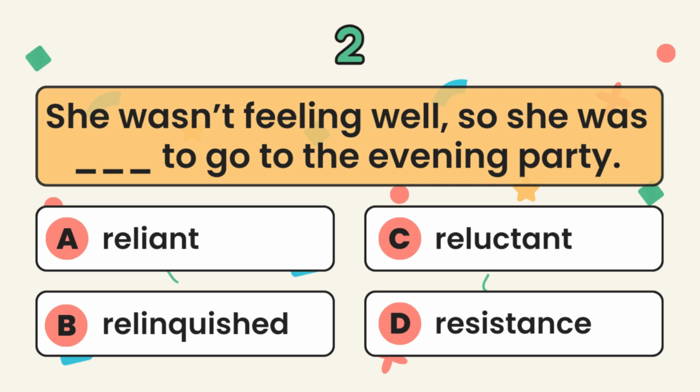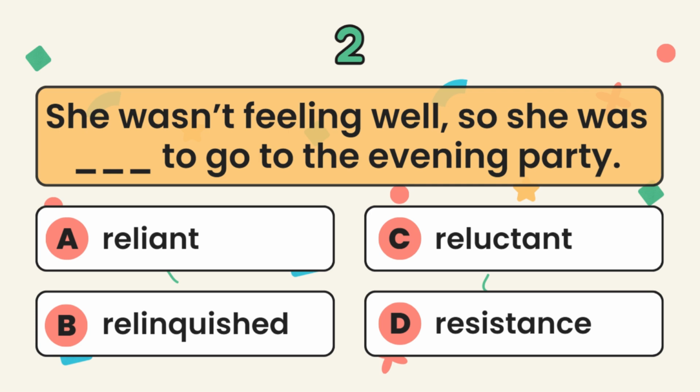Hindi din siya reliant, kasi when we say reliant, it is someone who depends on someone. So yung person na yun, nakadepende siya sa someone, which is hindi naman siya relate sa question. And hindi rin siya B, which is relinquished. When we say relinquished, it is retreatment or yung pag-back out ng isang tao. And then hindi naman siya nag-back out.